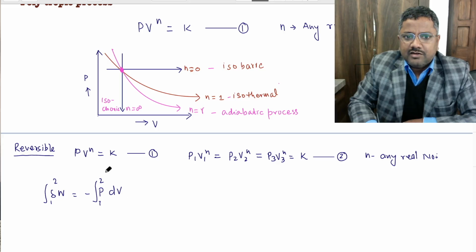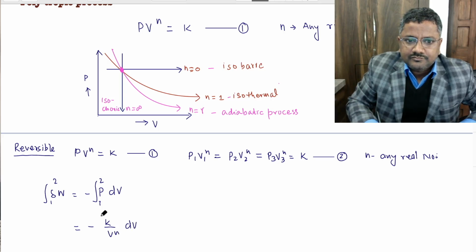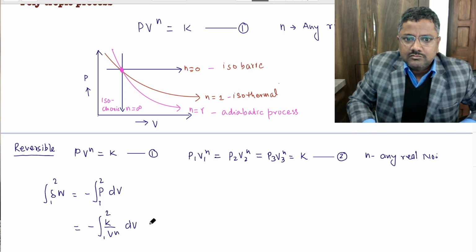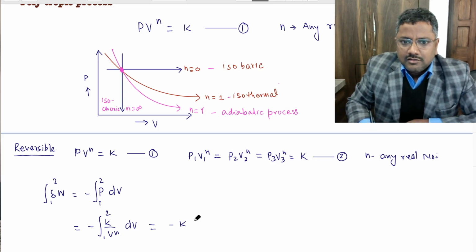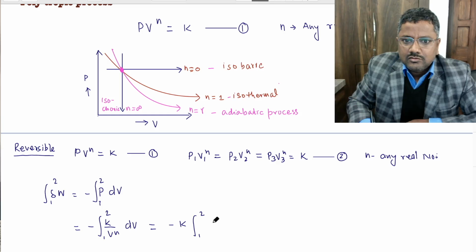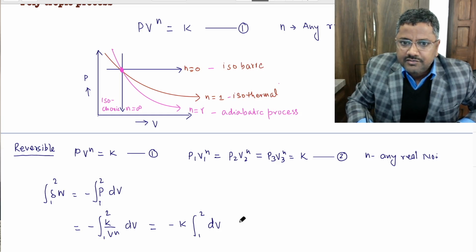So what will happen here? In place of P, what can we write? We can write minus K by V to the power n into dV, from 1 to 2. This is equal to minus K integral from 1 to 2 of dV V to the power minus n.